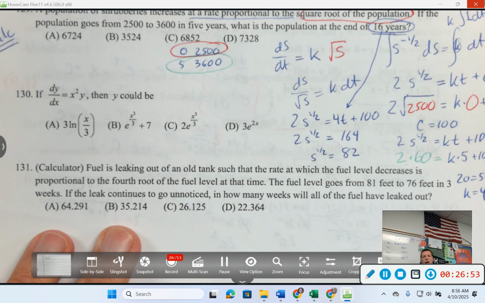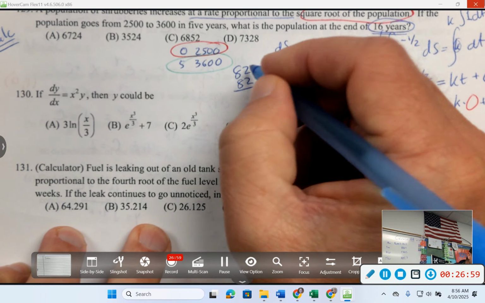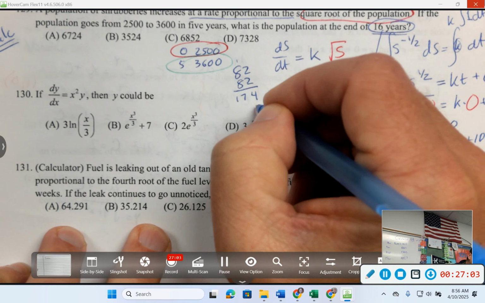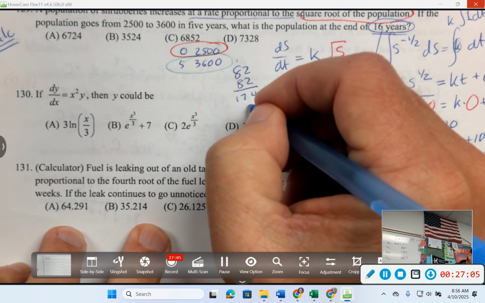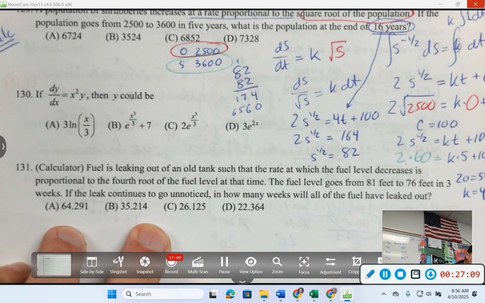Maybe this was a no calculator problem. 82 times 82. Going old school multiplying here in case I really don't have a calculator. 6724.